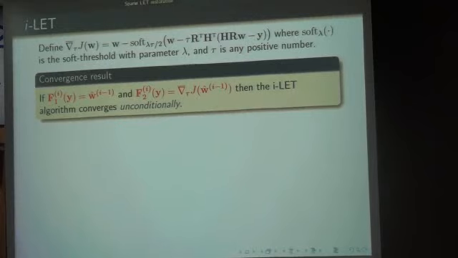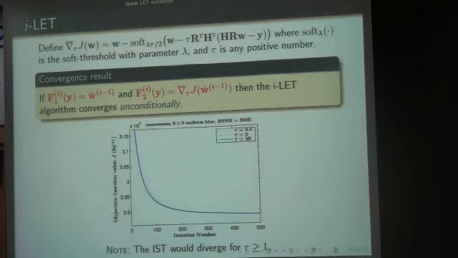If you know the iterative shrinkage algorithm, you know that it does not converge unconditionally. You have a parameter, a kind of step size in a gradient, that if it is too large, the algorithm diverges.